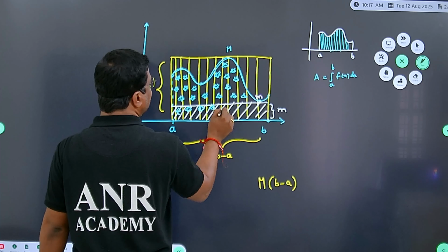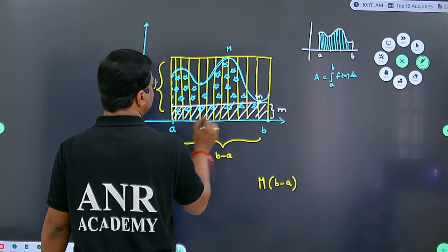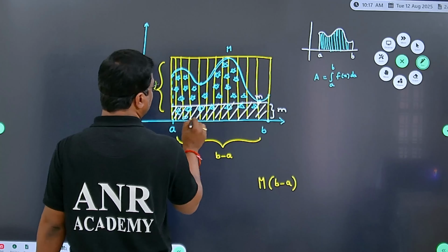Here the boundaries are the function f of x as well as the x axis, x equal to a and x equal to b. This star region, the area under the function, is denoted by integral a to b f of x dx.